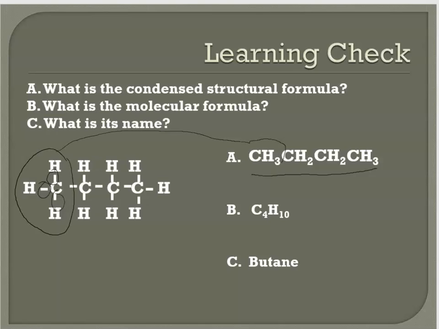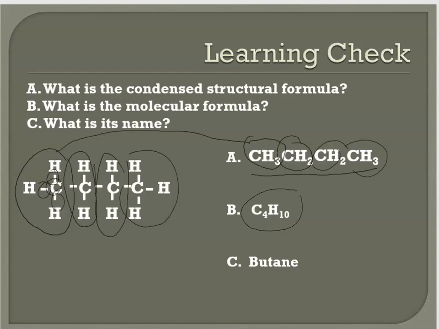We have the CH3 that represents this carbon and these 3 hydrogens. Then we have a CH2 group, then another CH2 group, and finally another CH3 group on the end. This still gives us some information about how things are organized, so it's a condensed structural formula because we still have some idea about the structure.